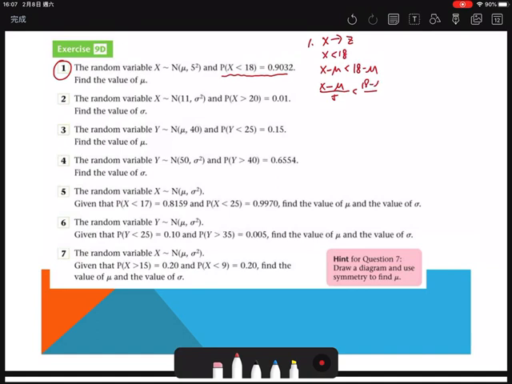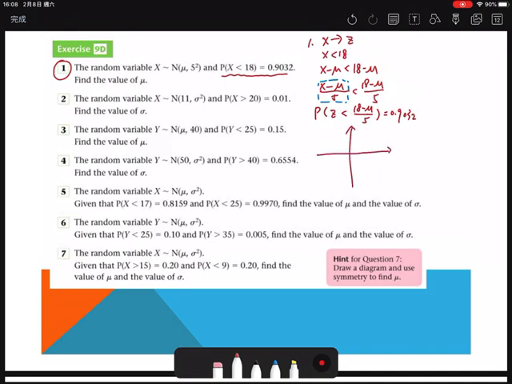So here is (18 minus mu) over 5, and this is z. So we can get that the probability when z is smaller than (18 minus mu) over 5 is 0.9032.